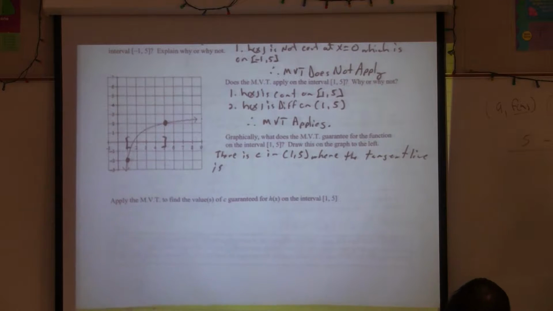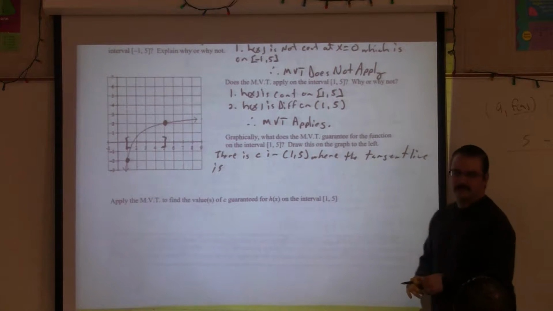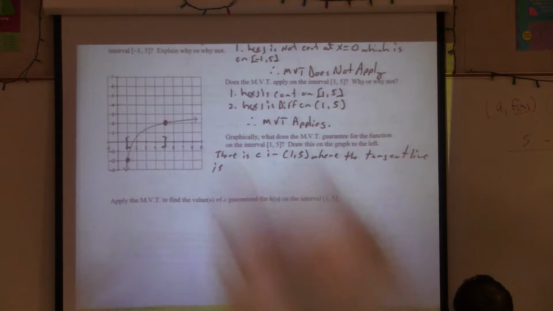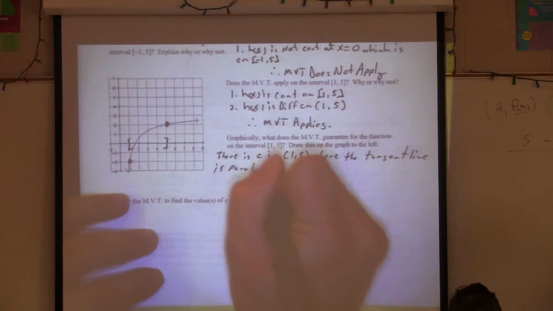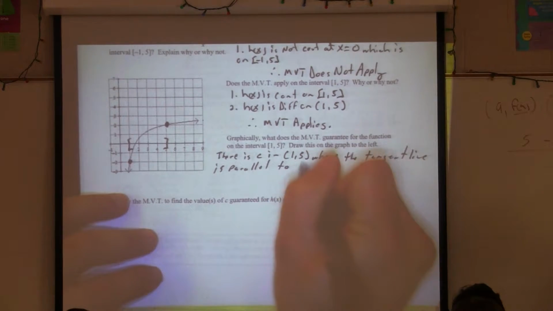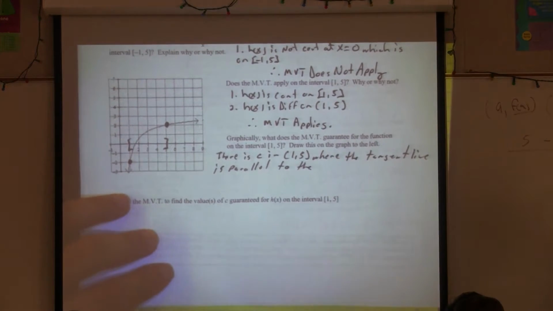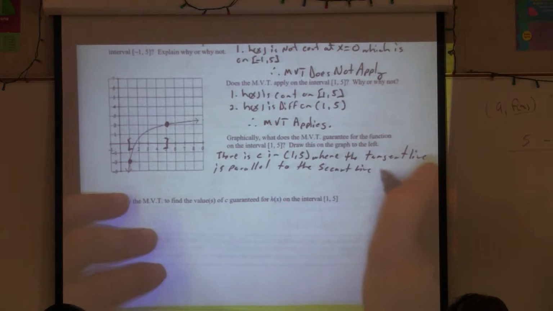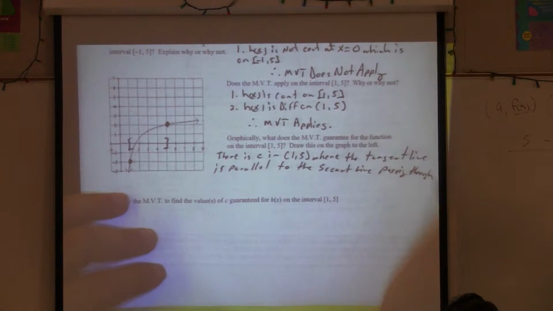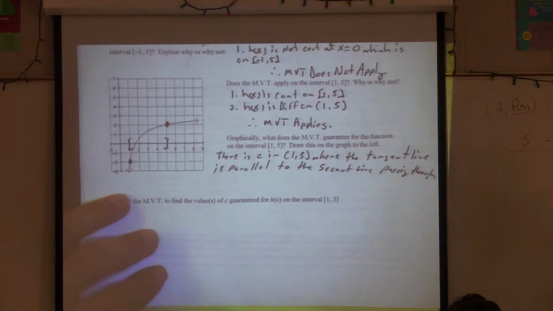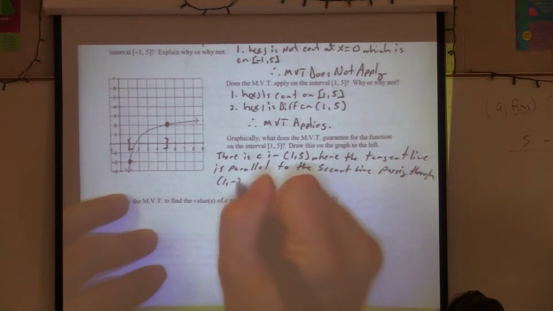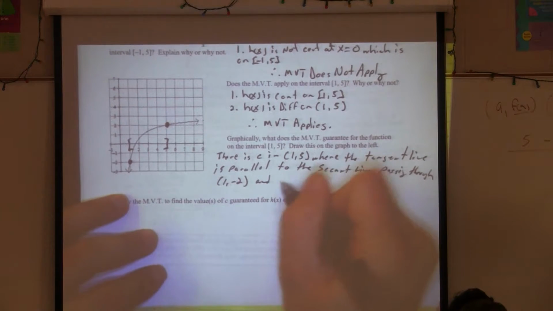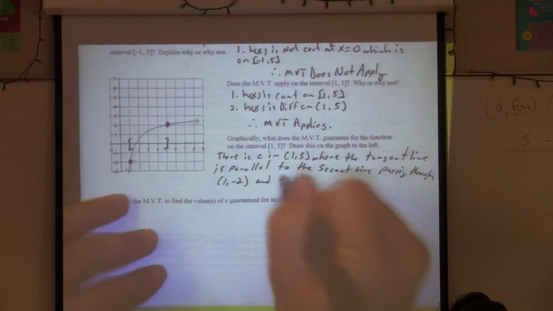If I have two things that have the same slope, parallel to the secant line passing through what points? 1, negative 2, and 5, positive 2.